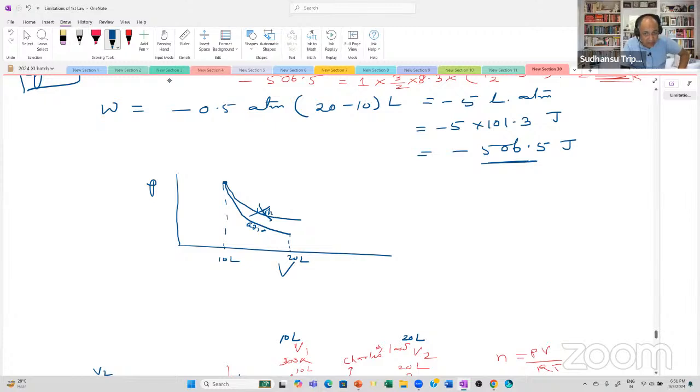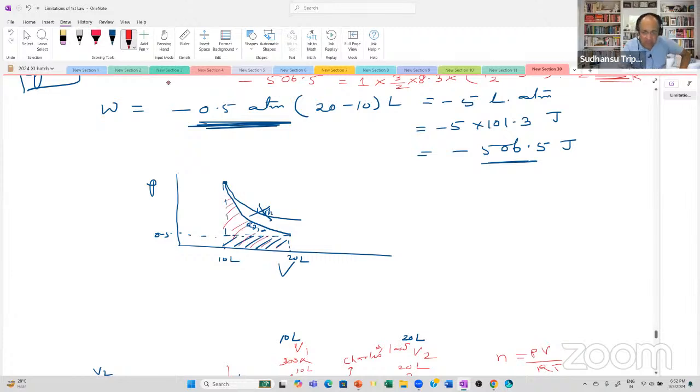And the same adiabatic, but under a constant external pressure of 0.5. So in expansion, the constant external pressure is the final pressure to which you will come. So we use minus P external into delta V. So this area is much smaller than the area bound by this graph.